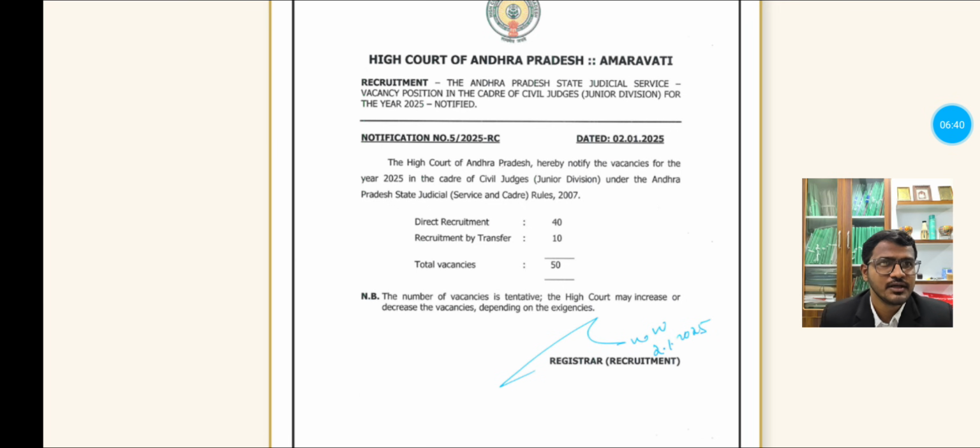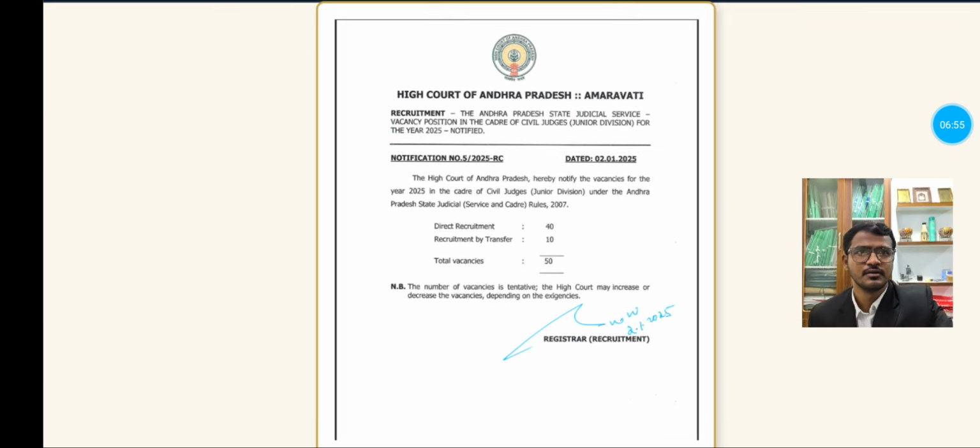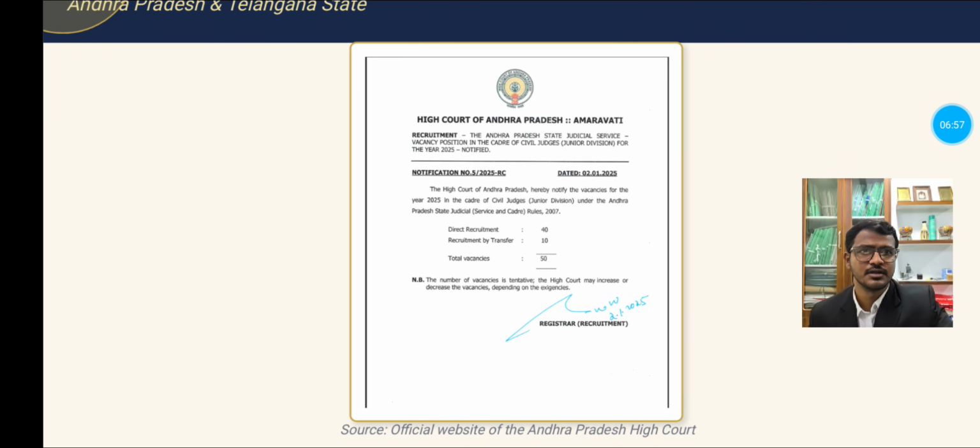There were 50 vacancies, out of which 40 were direct recruitment and 10 were recruitment by transfer in the year 2025. That was just a brief on the notification.